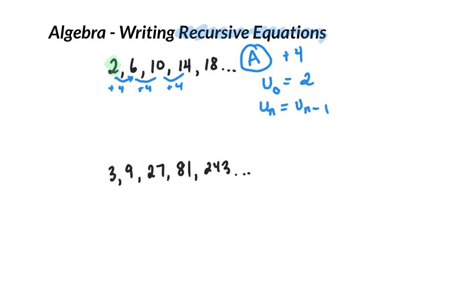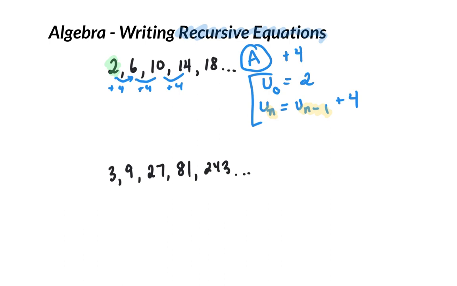Now let me just pause here for a second and explain the subscript. This is saying for any term n, any term in my infinite pattern of numbers, I just go to the one right before it, and I am adding 4. And that is my recursive equation.